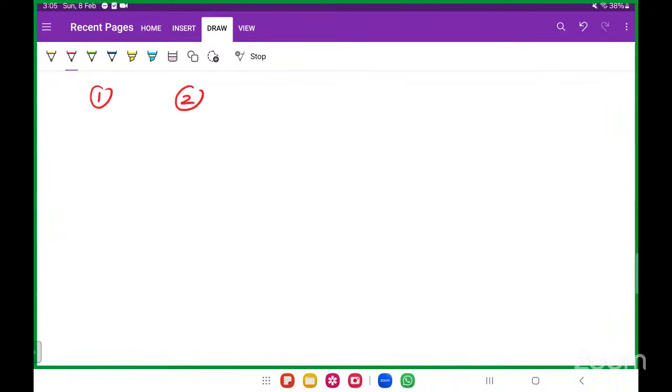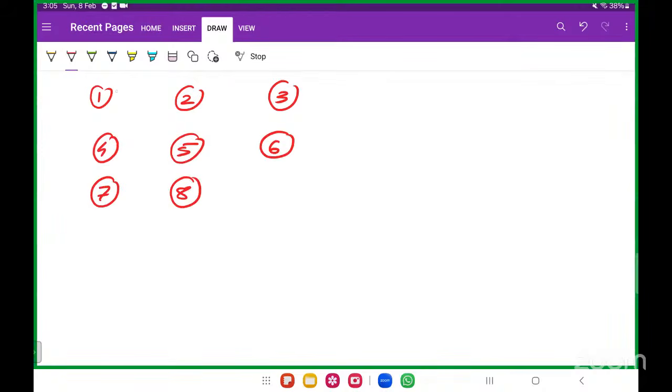How many total number of matchings are possible? So what you can take here: 1, 2, 3, 4, 5, 6, 7. So you can have matching here with how many edges?